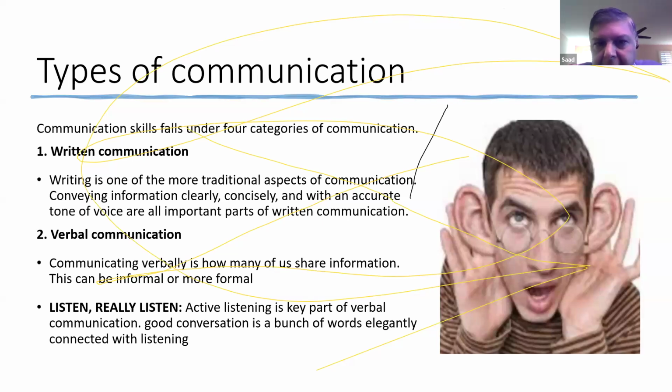Emails, writing letters, writing articles, whether you are in school, university, college, or already employed, writing is a key aspect of communication. You have to be very clear, your message has to be accurate, and all of those things have to be included in your message.